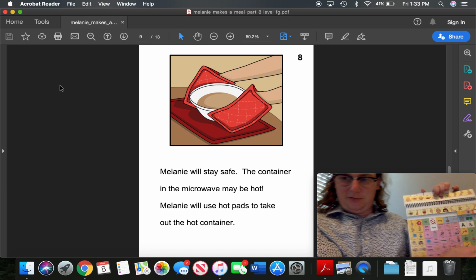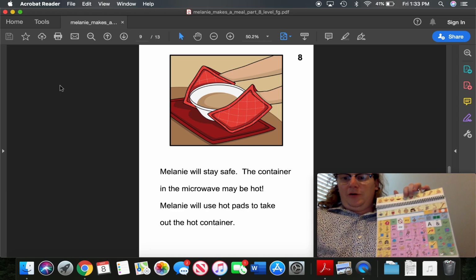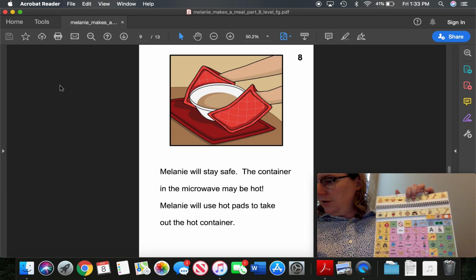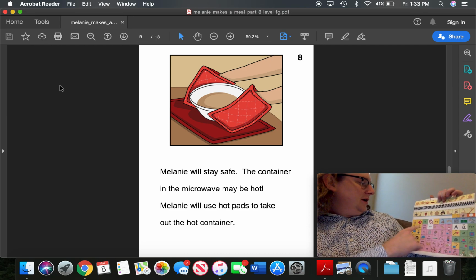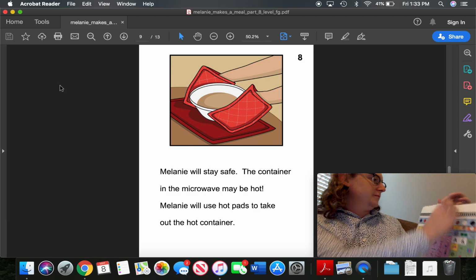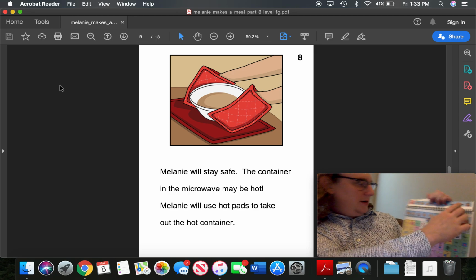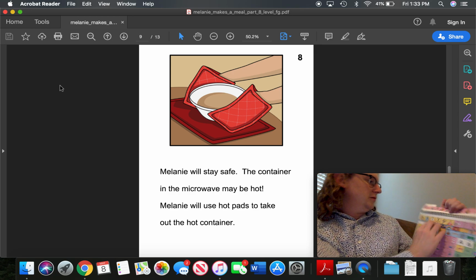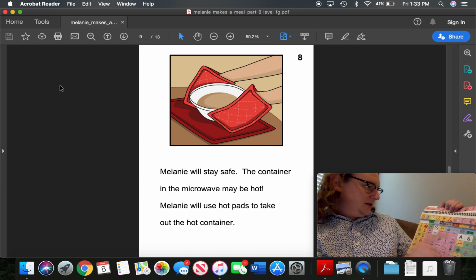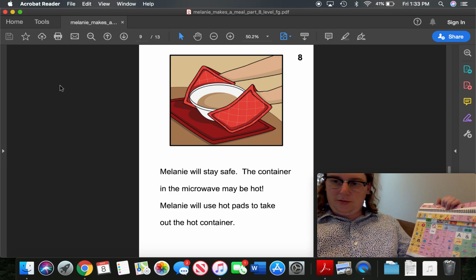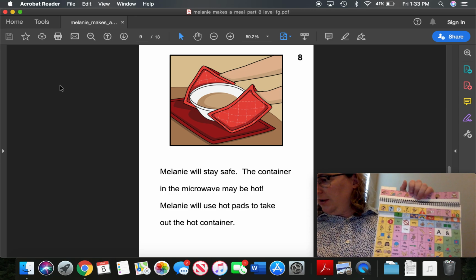To take it out. Man, it's so hard whenever you're looking at this, trying to look at the camera too. And then she is good. It is hot when she takes it out. It's hot when she takes it out.